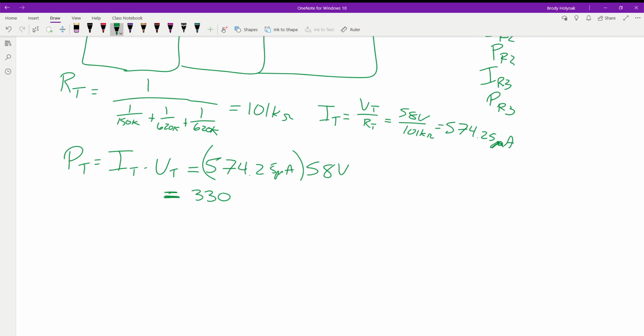That will shift the number down, because micro is 10 to the negative sixth. Is that better? Did you get 33 times 10 to the third, or 10 to the negative third?